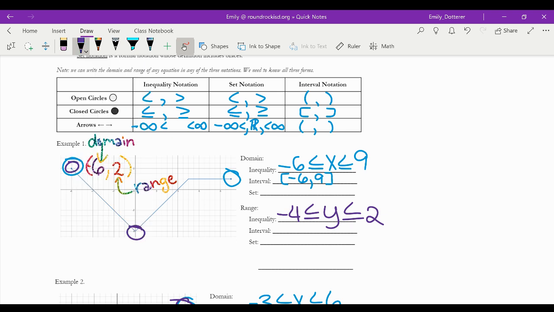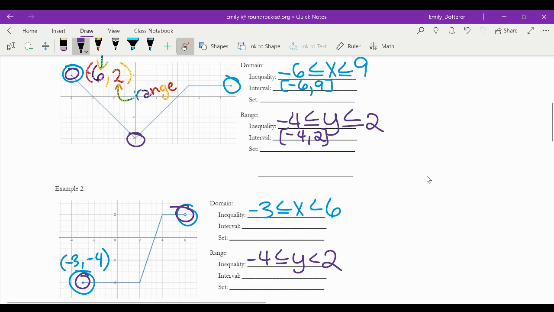For the range, it'll be from -4 to +2. And again, we'll use brackets because we have closed circles, we have lines going through the point. So we know that the graph can reach that value.